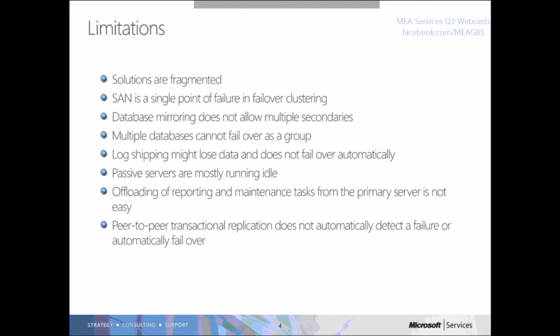The other point is that most of the time we see in customer implementations that the passive nodes are not used for productive purposes. So it's either a passive SQL Server node participating in a cluster, or a mirror, or a LogShipping partner. Mostly they are not doing much work. Offloading could be done in terms of mirroring or log shipping also, but it was not very straightforward.